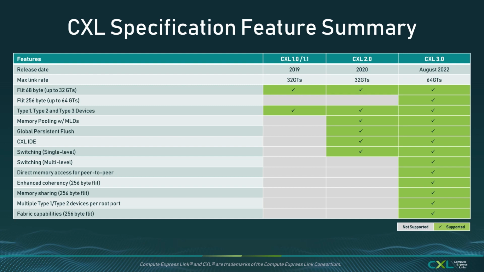Type 1, Type 2, and Type 3 devices were supported. CXL 2.0 added more expansion as I touched on. It's still kept at 32 gigatransfers per second, but it added the ability to now do memory pooling with multi-logical devices. It added support for persistent memory with global persistent flush, added security, and supported switching.